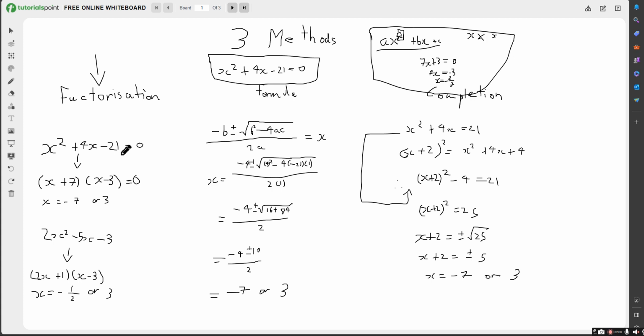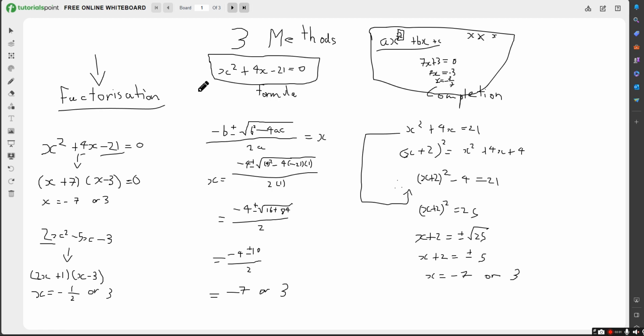Basically, you need 2 numbers that multiply to make this and add to make this, which is pretty straightforward until you get to things where you have a value in front of the x squared, like 2x squared, because then you also have to accommodate the fact that you need a 2x here instead of x. This is still doable, but it's a little bit more effort. So if you're fast and comfortable, I would use factorization. If you're not comfortable, then don't.